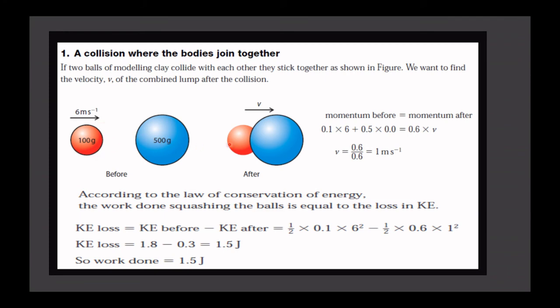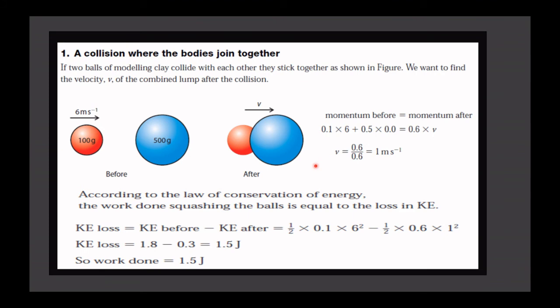Both move together with a common velocity after impact. How do we find this final common velocity? As I said, we can directly apply momentum conservation. Momentum before is equal to momentum after. Substituting all the known data, you'll be able to find the final common velocity. So this is an example of an inelastic collision.